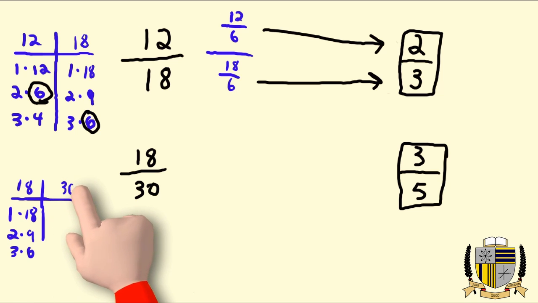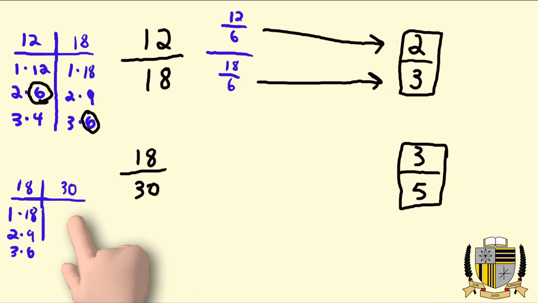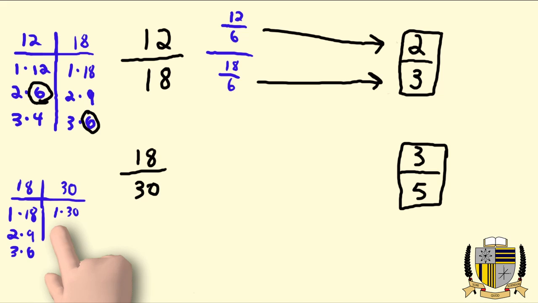The factors of 30 are 1 and 30. 1 times 30 is 30. 2 times 15 is also 30. 3 times 10 is also 30. And a 5 times 6.